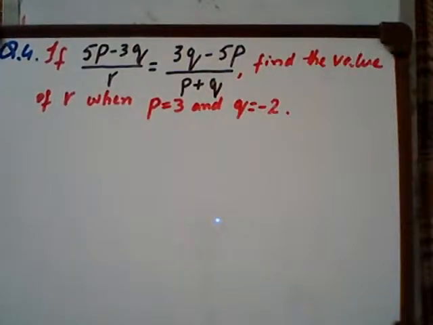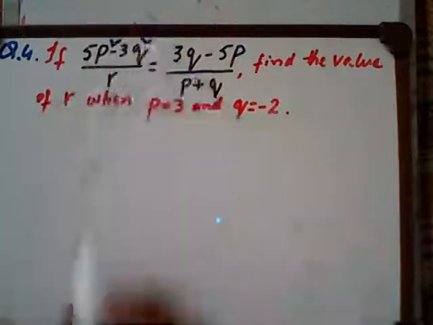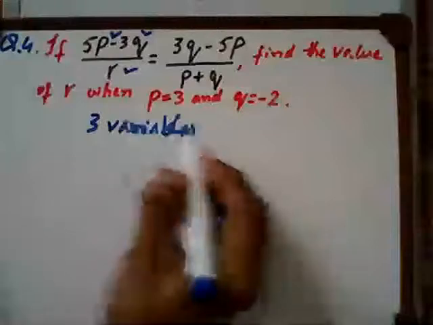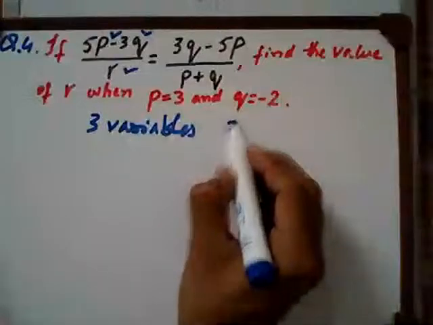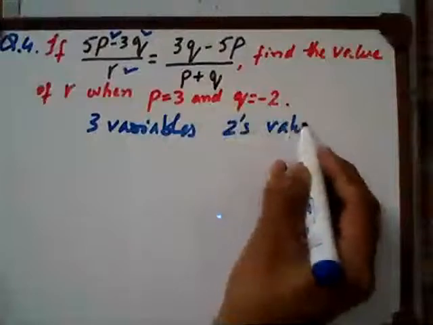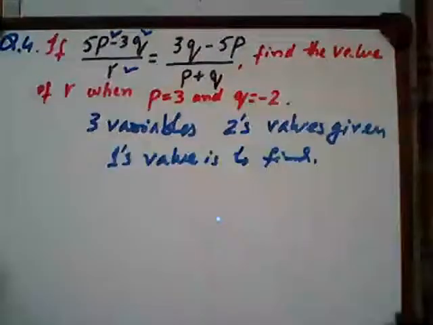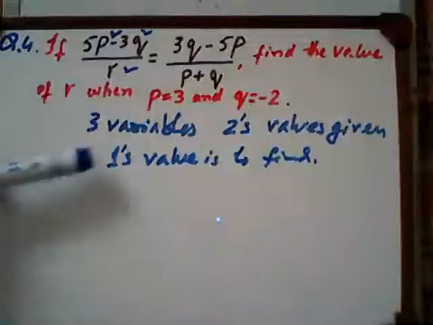How many variables do we have in this question? We have P, one variable, Q, one variable, and R, one variable, but the values of two are given, which makes it easy again, because only one value is unknown.